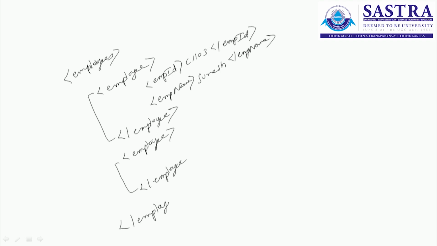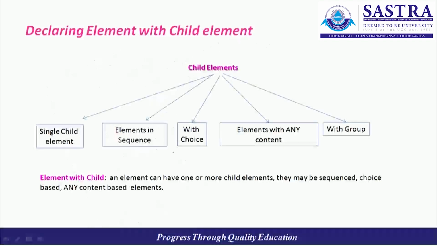Employees, in the sense that it is repeated twice. It is treated as records. Employee and the same employee has been repeated. What is this? This is called occurrences. We have to specify the number of occurrences for an element. It is possible.